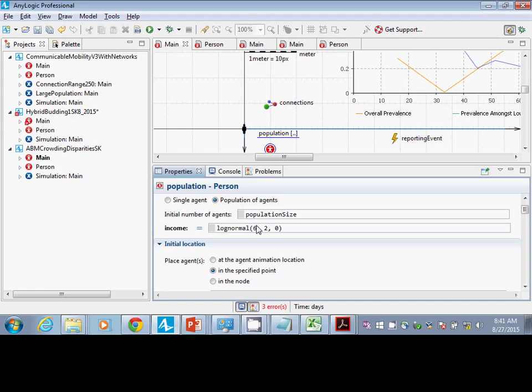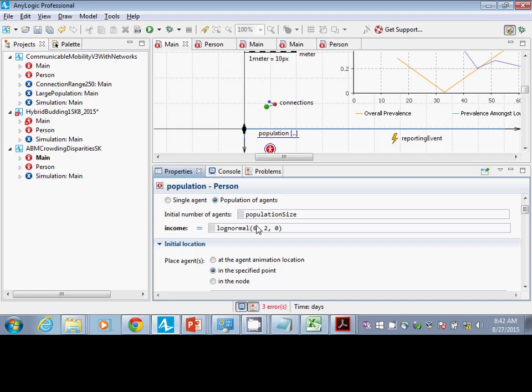Small world networks, which have this mixture of local connectivity with global connectivity. So most of my connections are with people locally, but I have a few connections with people at a long distance, few connections that often make all the difference when it comes to the dynamics. There are ring lattice networks, which are a one-dimensional local network. And then there's the distance-based network. And then there's user-defined networks.